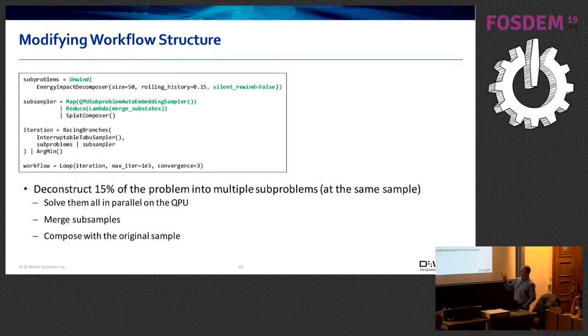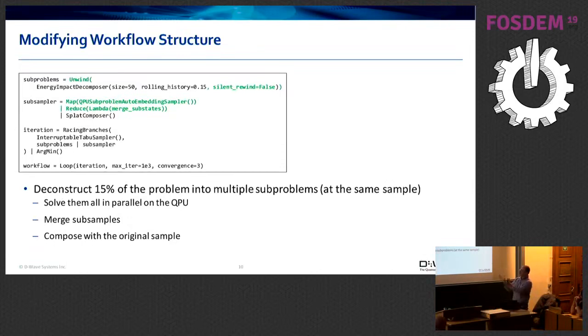So, for example, if you're solving this on a 1,000 variables problem, on each iteration you would have like 7 subproblems or something like that, and then you would run those 7 subproblems in parallel on a QPU, because you see we have a map reduce here.